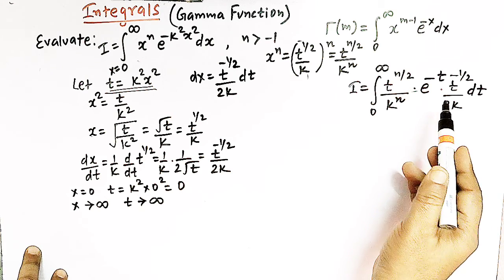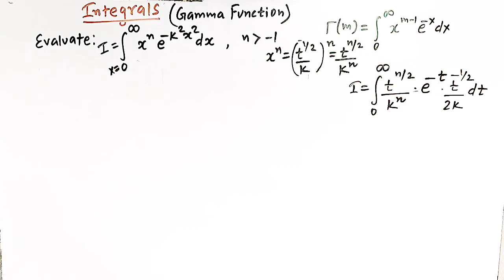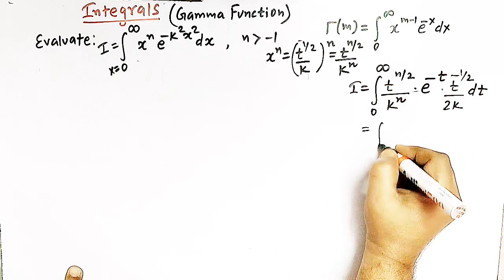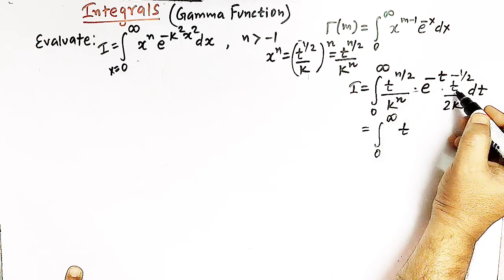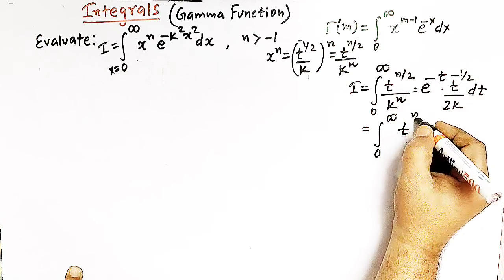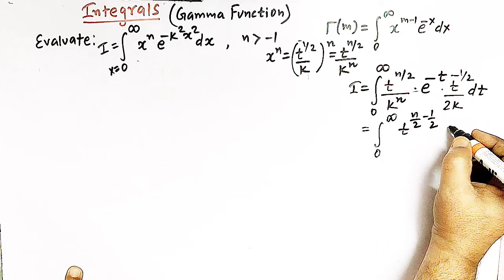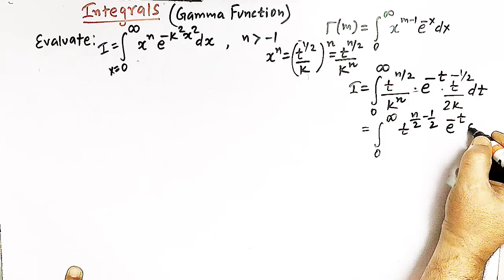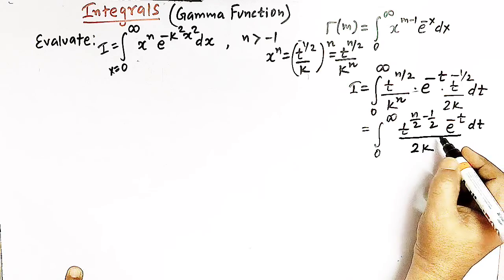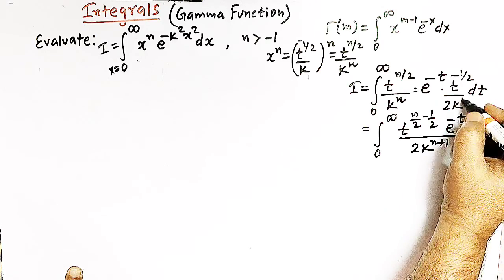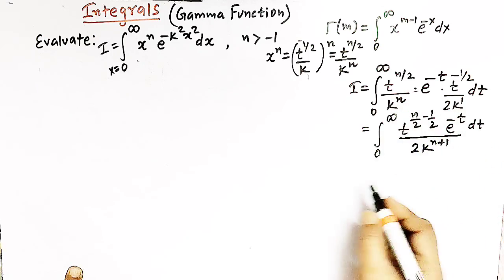So now let us first simplify this expression. So now we can write from 0 to infinity, t raised to n over 2 times t raised to minus half, so we can write t raised to n over 2 minus half, and then e raised to minus t dt, and in the denominator we have 2 times k raised to n plus 1. So here we have k raised to 1, so adding n and 1, we have n plus 1.